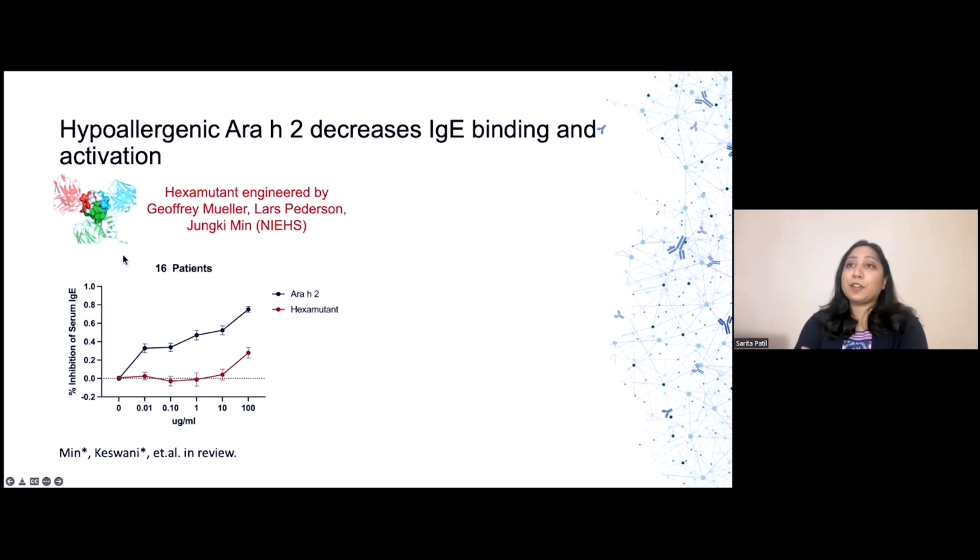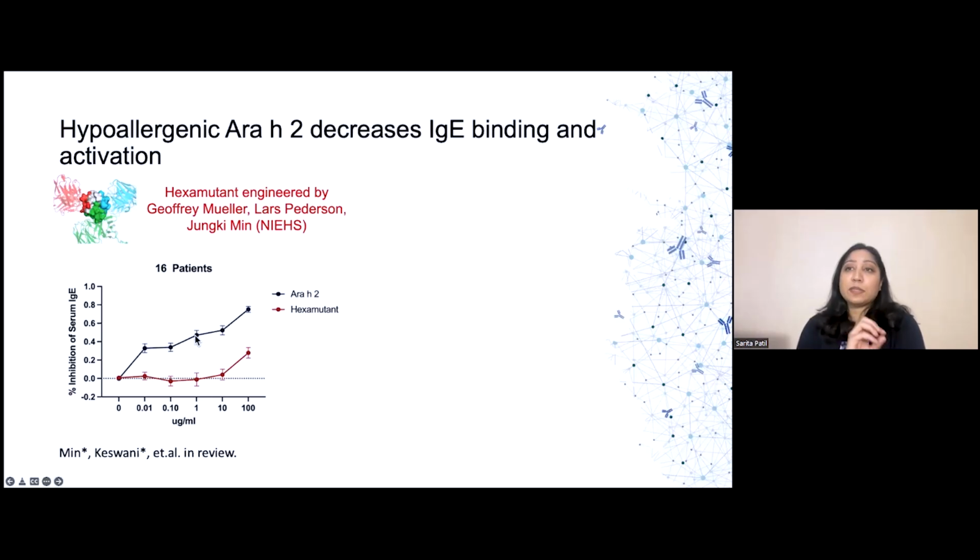So in collaboration with our NIEHS collaborators, Jeffrey Mueller and Lars Peterson, Jung Ki-min created a hexamutant, which had mutations within conformational epitopes that we had previously identified that bind to ARA-H2.